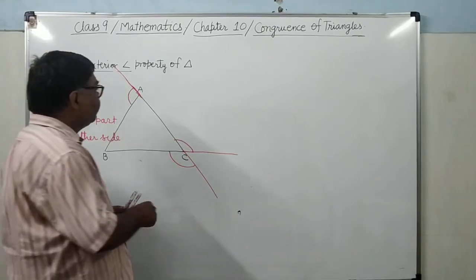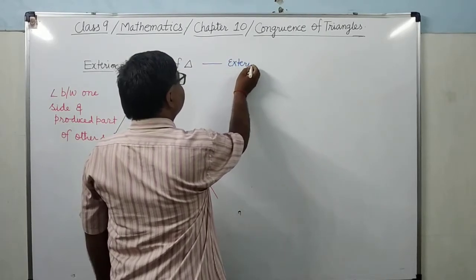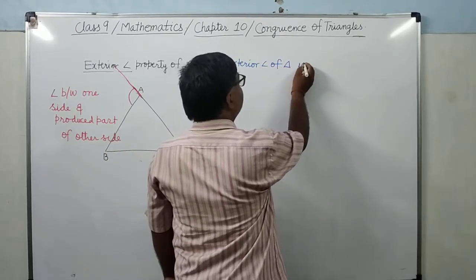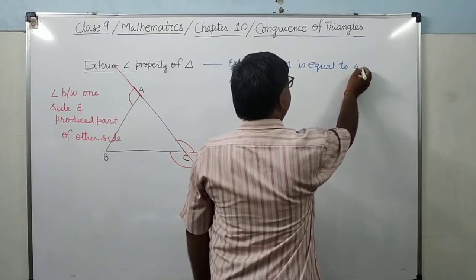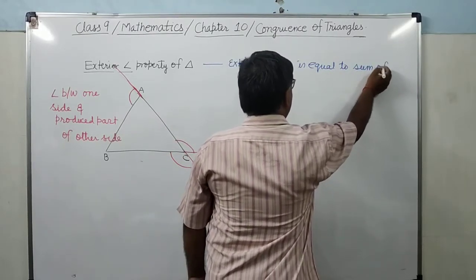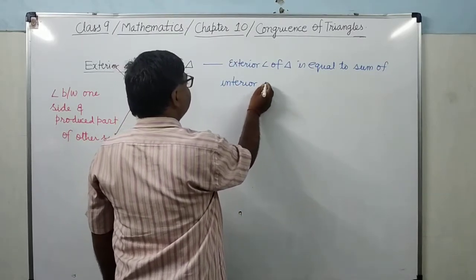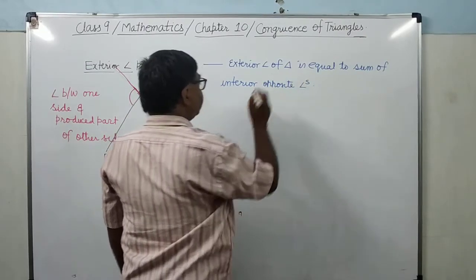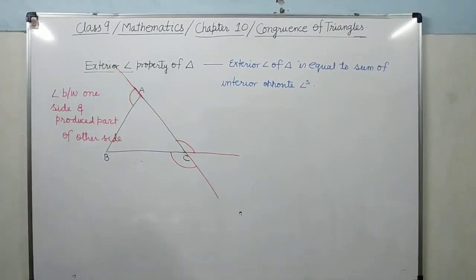That is called the exterior angle property of triangles. Is it clear? Now see here.